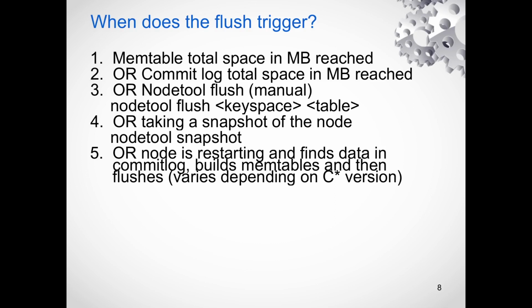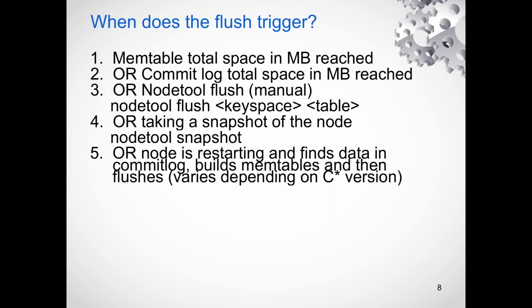So it will rebuild the memtable and immediately throw the data on the disk, thinking, look, I just recovered from the crash. I want to make sure that my data is in a location which is durable, long-term, persistent. And I don't want to do this process again in case I were to go down. This point number 5 was introduced, I think, in version 3.0 or thereabouts.